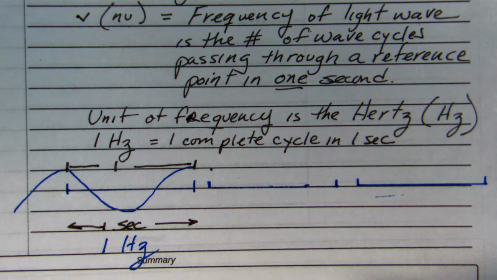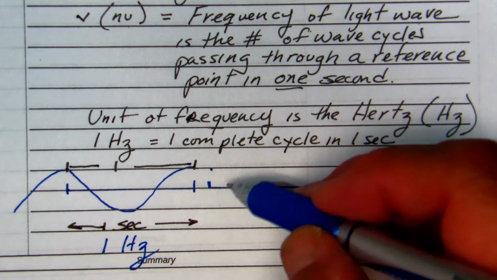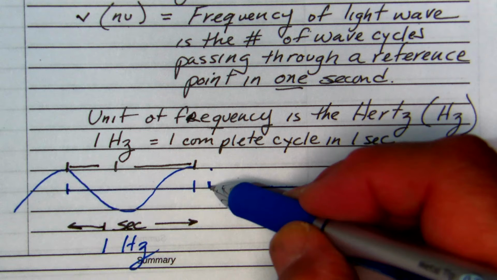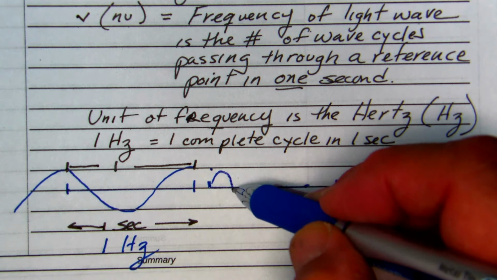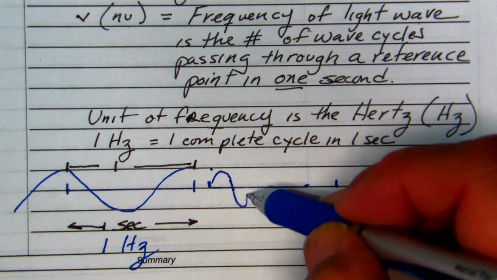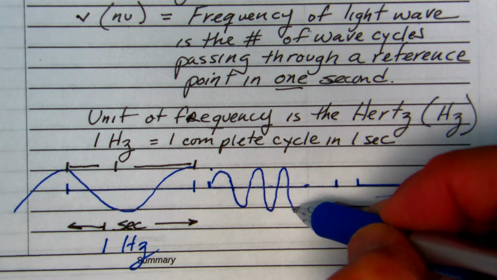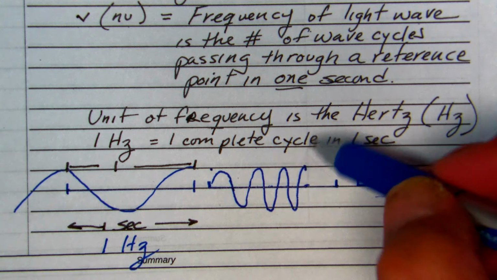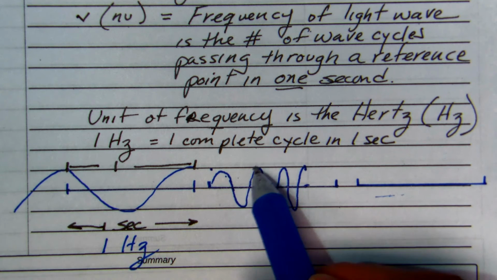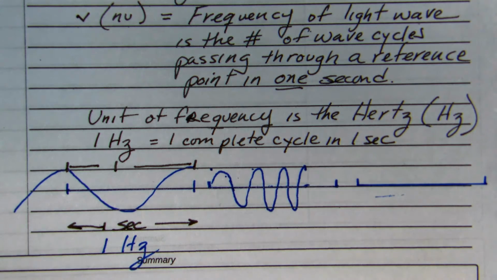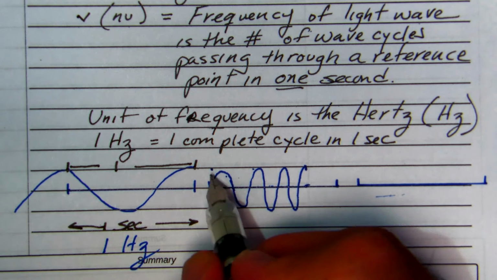On the other hand, if I have 5 of them going through, so I'm not sure exactly how I'm going to divide this. 1, 2, 3, 4. Let's stop at 4. I was going to do 5, but that's okay.